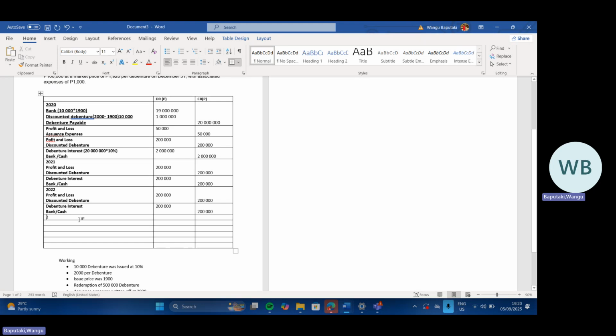So moving forward to year 2023. Here there's going to be some changes because there was redemption of the bond. So in year 2023, I'm going to do the same with the two journal entries, and then there's going to be a change for the 500,000 which was redeemed.